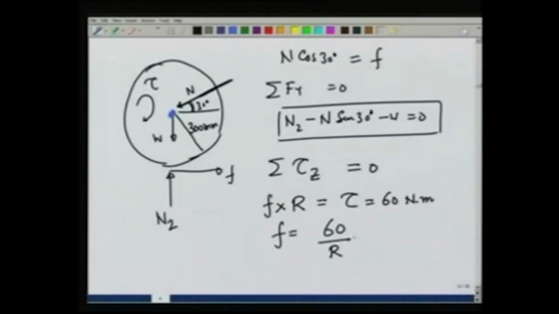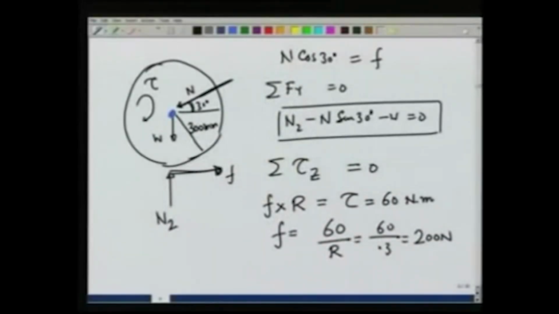Here we will write this in meters. So, this is going to be 60 over 0.3 is equal to 200 newtons. So, we have found that the frictional force required so that the wheel does not move even after applying this torque is going to be 200 newtons, and therefore, the normal reaction N on the roller is going to be 200 divided by cosine of 30 degrees, which you calculate, it comes out to be 231 newtons.